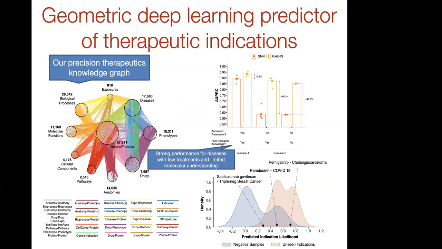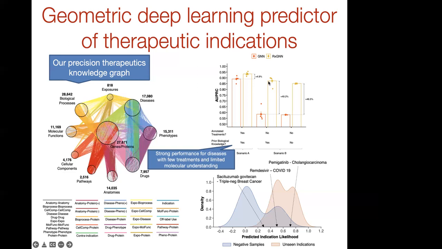For example, one query that we might be particularly interested in identifies whether a particular drug might be efficacious for a particular disease. On the right part of the slide, I'm showing the results of such a model, which we refer to as RxGNN, relative to standard models that don't have the ability to leverage full, rich knowledge graphs.